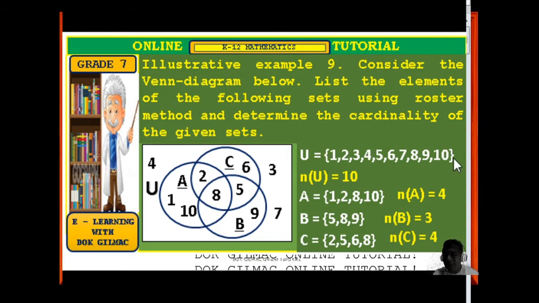So we have 1, 2, 3, 4, 5, 6, 7, 8, 9, 10. So n of U is equal to 10.